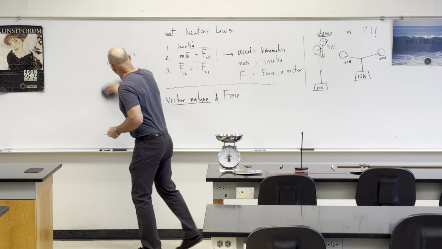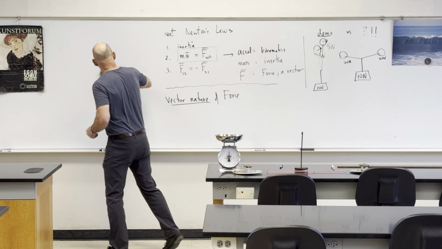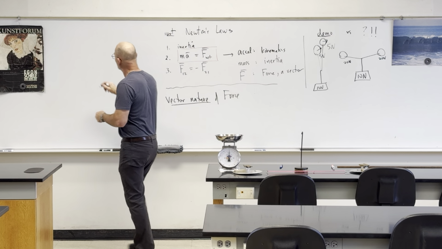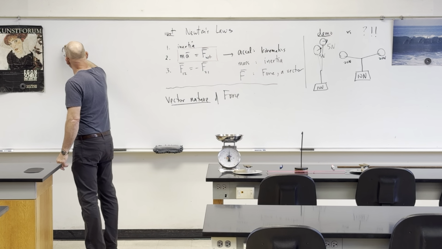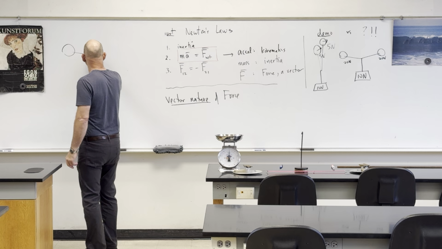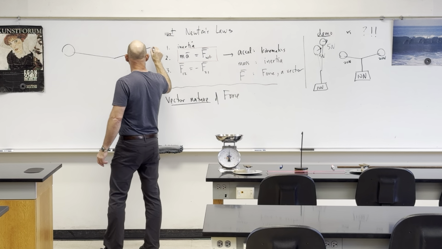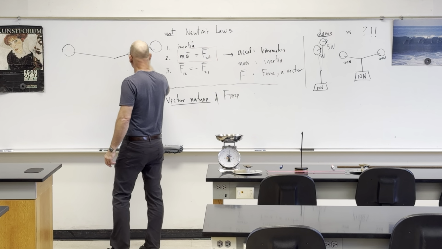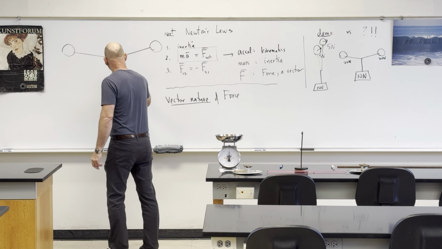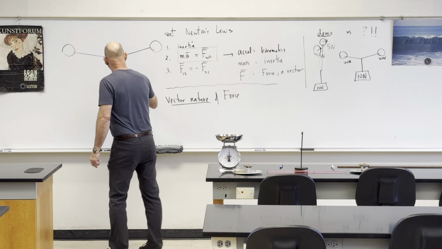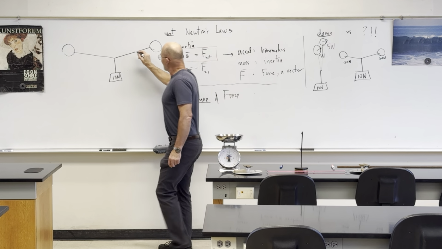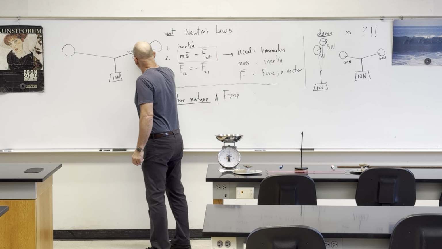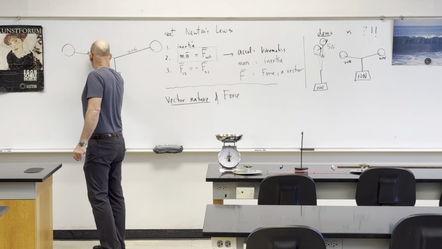So we'll do a larger picture of this, and we want to do this just a little more accurately. There again is my 10 Newton. And what I'm getting is 20 Newtons along the string. That's all we know, right?